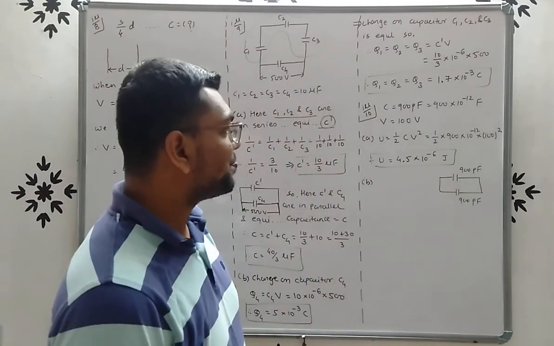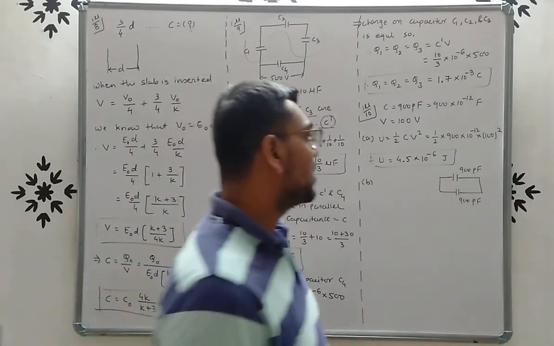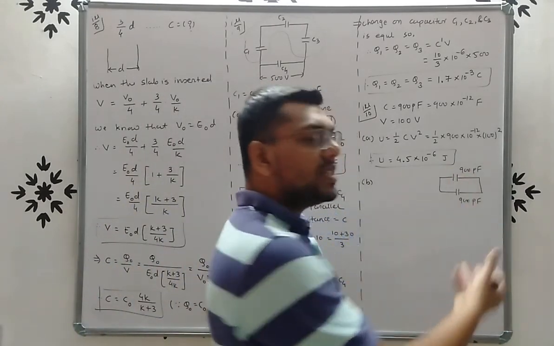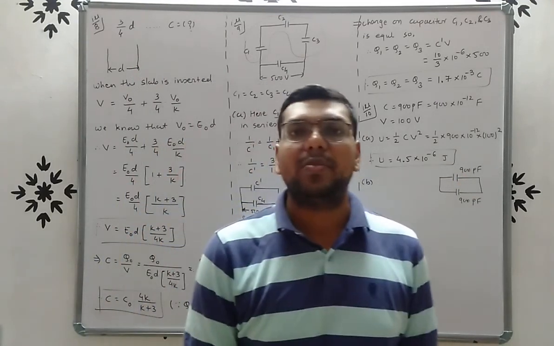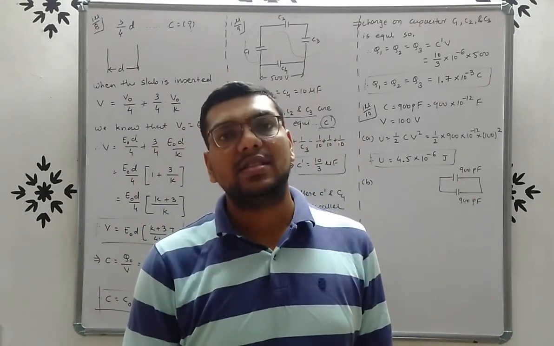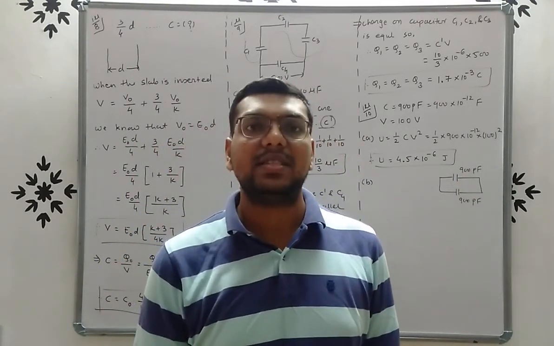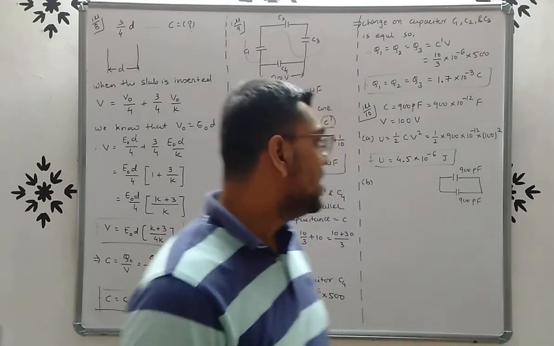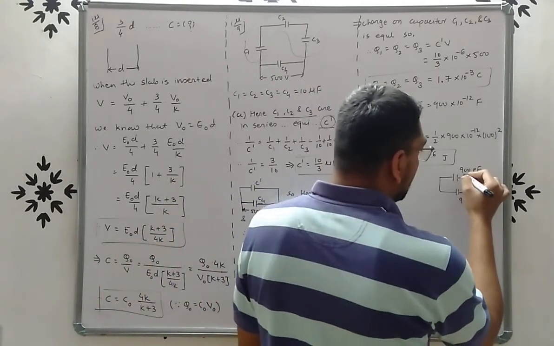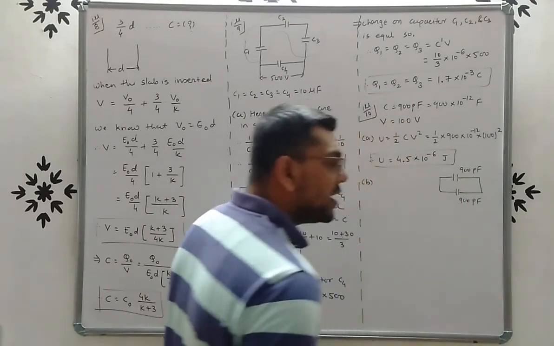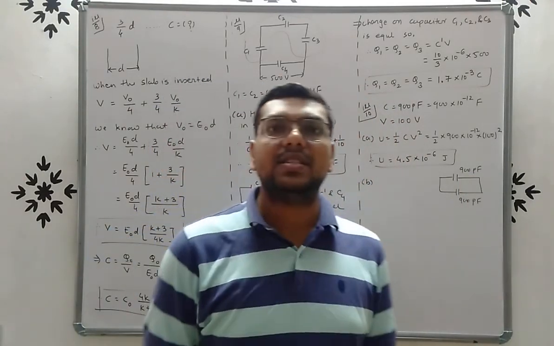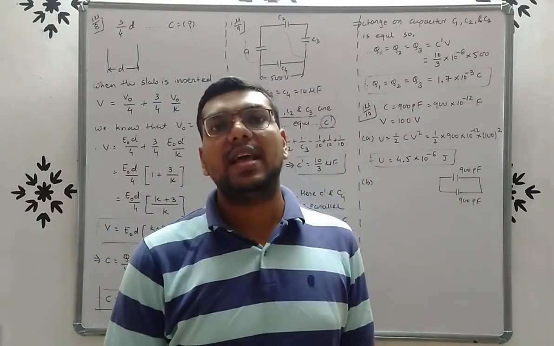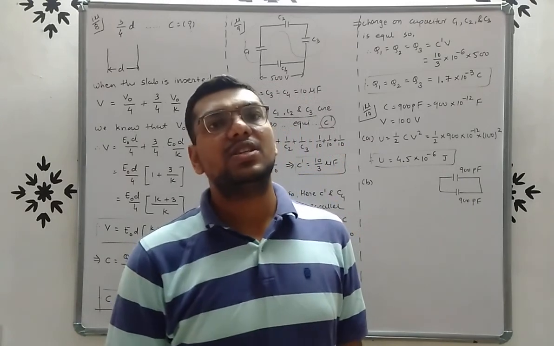So here the battery is disconnected, so we have to use the formula for energy stored by the system or capacitor, Q square by 2C. But here there is a parallel connection, so we know that if there is a parallel connection then charge will be changed.